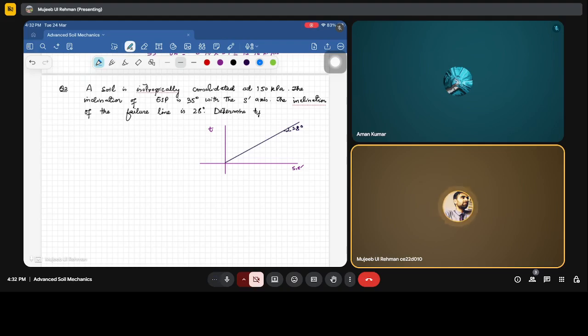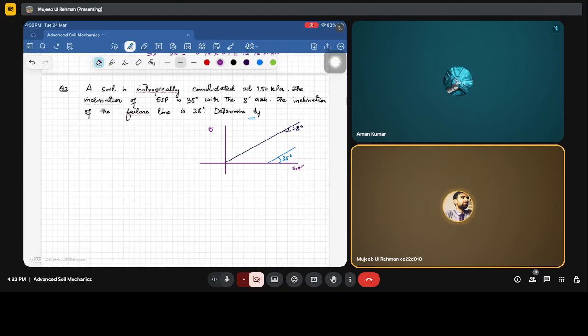For example, it's like this. So we have been asked to determine the final TF, or stress path parameter TF, and we have been given that the soil is isotropically consolidated at 150 kPa.